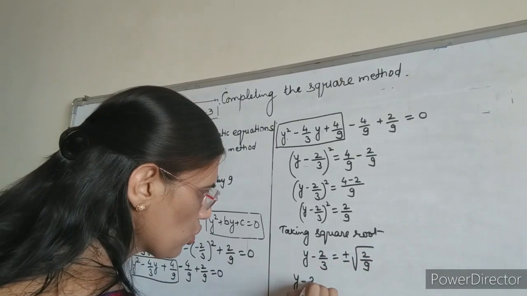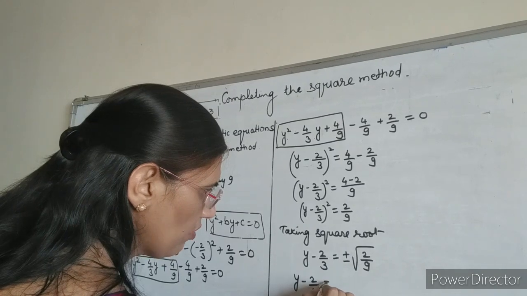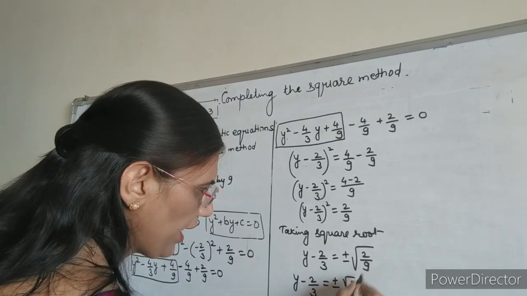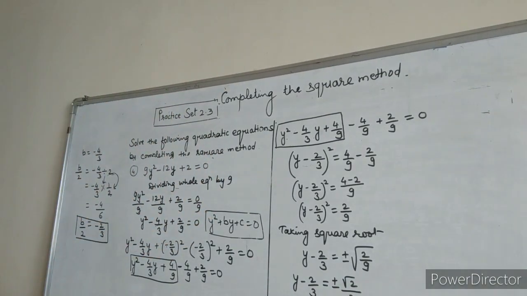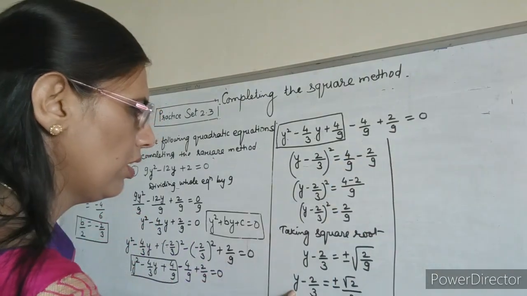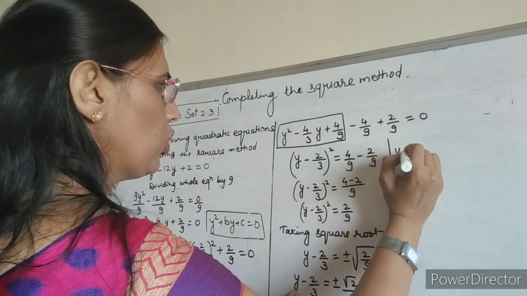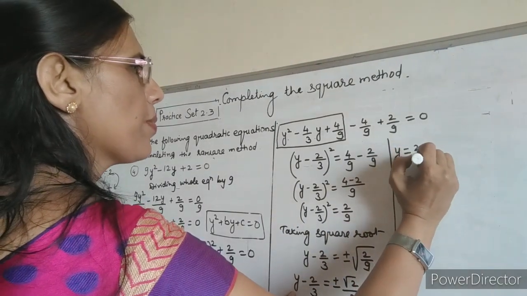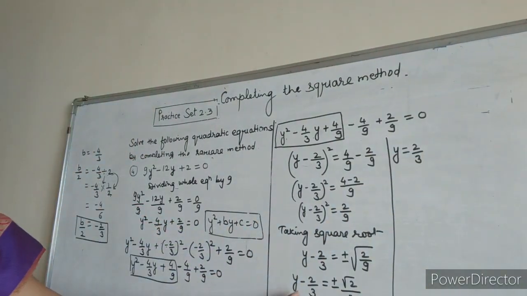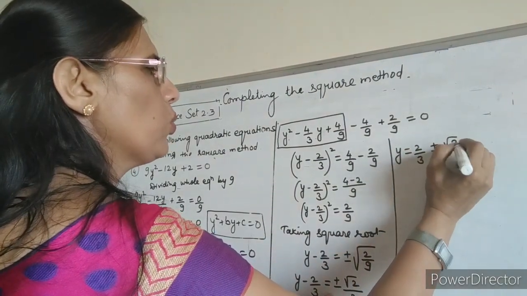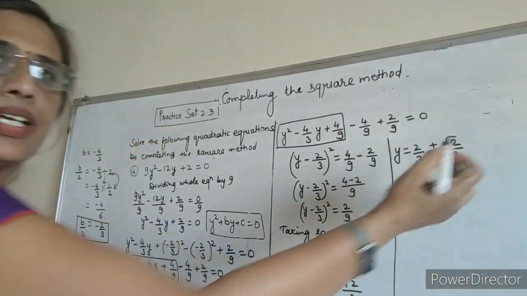Here 9 is a perfect square, and here we get y is equal to 2 upon 3 plus minus square root 2 upon 3.